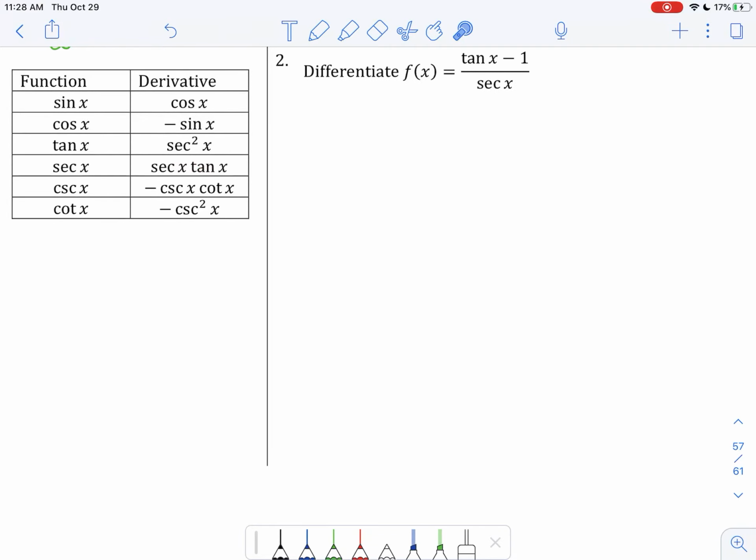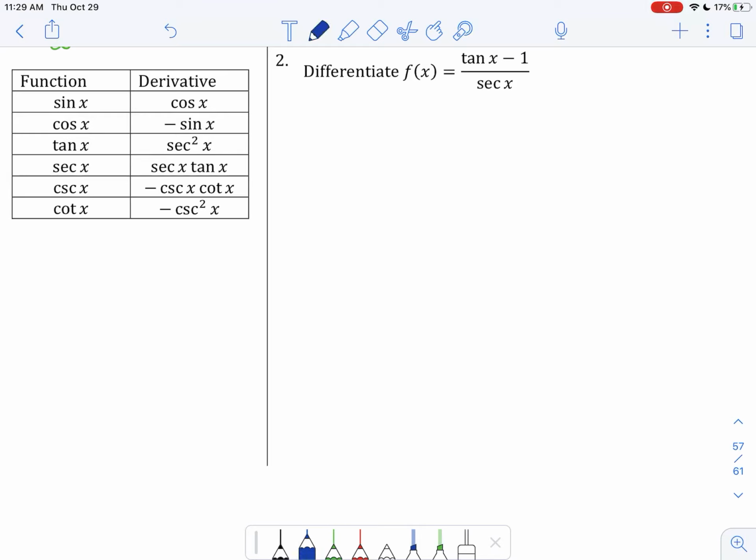Secant is secant times tangent. Cosecant is negative cosecant times cotangent, so notice that they have similar processes, just co versus regular. And then cotangent is negative cosecant squared, just like tangent is positive secant squared. So don't want to memorize those. You can have that table nice and ready for you.